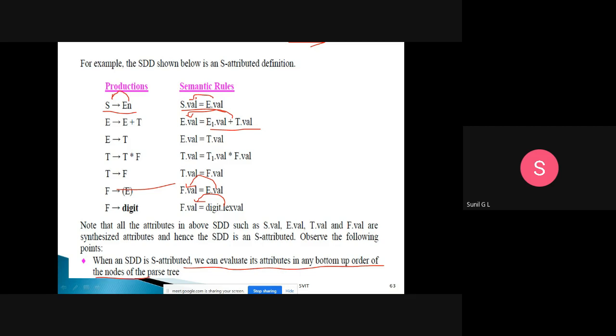For example, take E tends to E1 plus T. When I evaluate E dot value and T dot value, and then E dot value, we are going from bottom to top. That is nothing but a bottom up parser when you have a synthesized attribute.